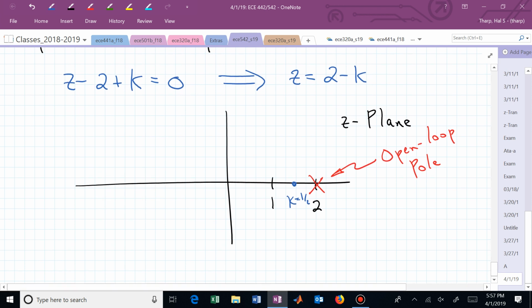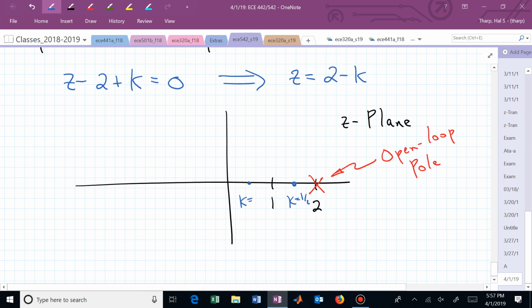What about if I now picked k equal to 3/2? Now what point would I be at? Now I would be here at 1/2.